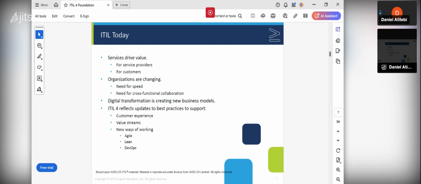And when you are doing the changes, there's a need for speed. You do it speedily because you are navigating an environment that is complex.